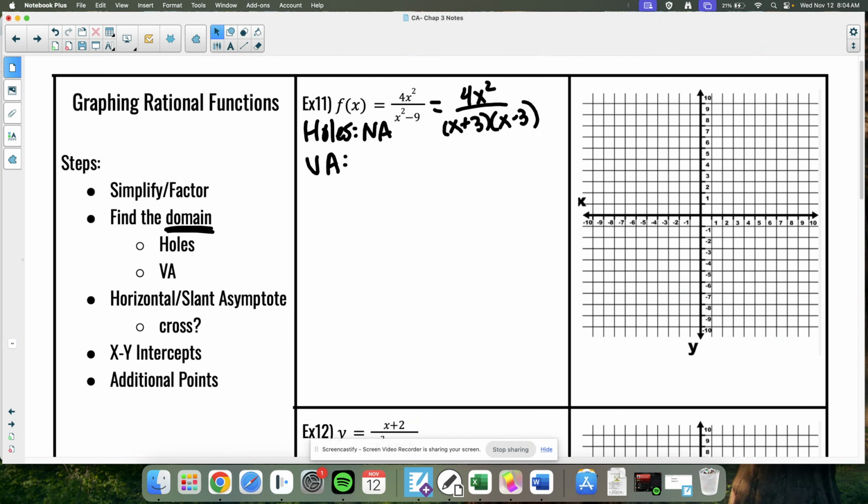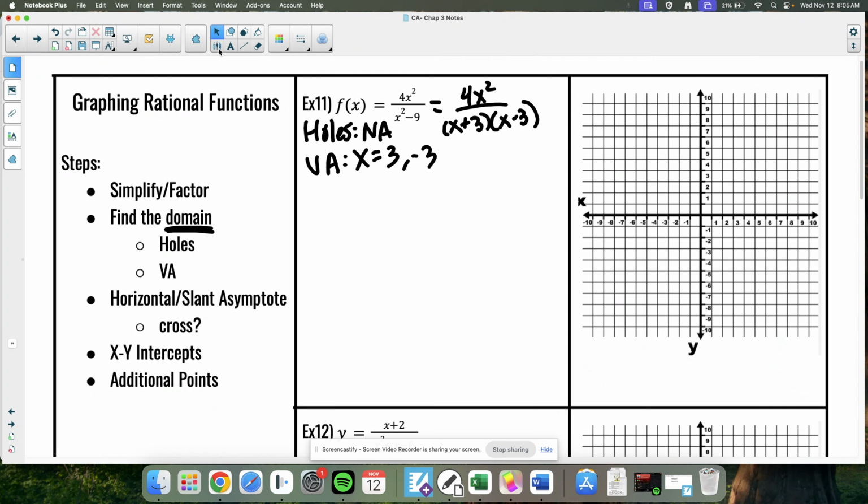Vertical asymptotes. Where does a vertical asymptote come from? The denominator equaling 0, because the big rule of fractions is the bottom of your fraction can't equal 0. So what two x values would make our denominator be 0? X equals 3, and x also equals negative 3.